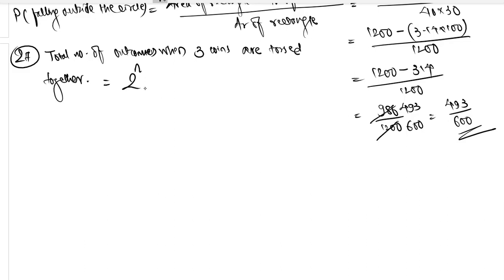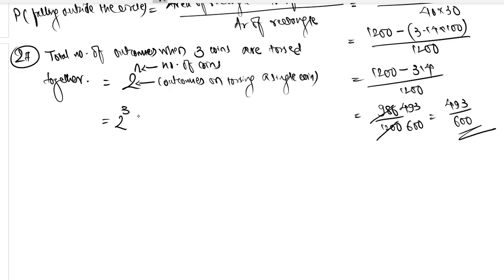But what is the meaning of this 2 over here? 2 is the outcomes on tossing a single coin. And what is n over here? N is the number of coins. So total number of outcomes when three coins are tossed together is equal to 2 raised to n. Right? So here how many coins are tossed together? 3. So total number of outcomes will be 8.